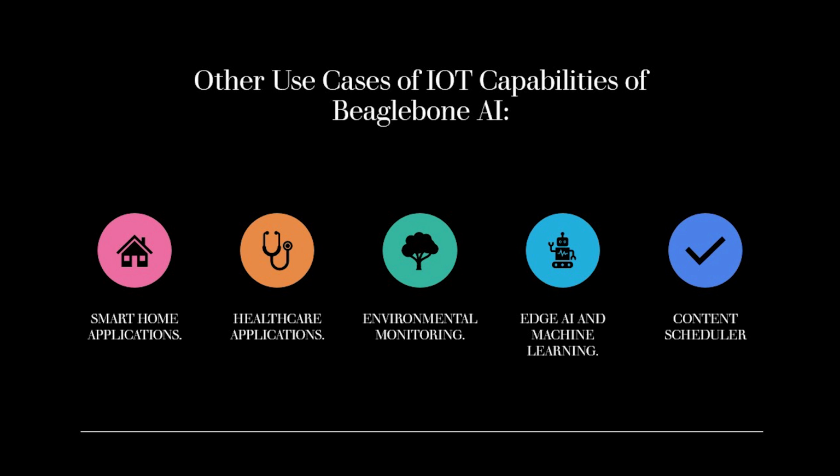The last one that we are using, the content scheduler, is the ability of the board to connect to IoT to create a content scheduler that automates the process of creating content at specific intervals.